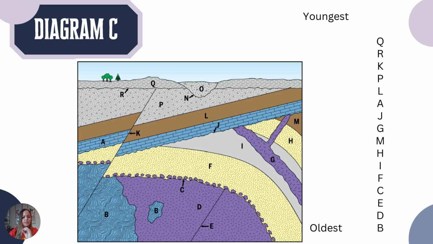And then these last two, we have the erosional surface first. So Q starts to get eroded, and then you have a canyon develop, right? So remember lateral continuity? So we have that canyon develop, and then O is deposited in the center of that stream or that canyon or whatever it is. Okay, so this is the sequence of events for diagram C.